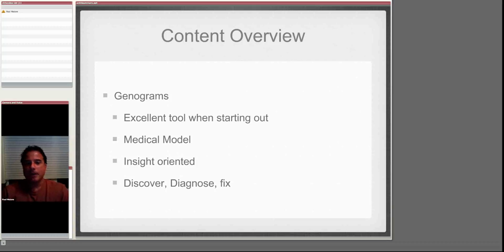So as I started out, again, I think a genogram can be a very valuable tool, especially if you are drawn to Bowen's ideas or intergenerational ideas, which many people starting out in the field are. I think it's a great perspective, but a very linear perspective to think about how the past is causing the future or how past problems or patterns can affect the present.